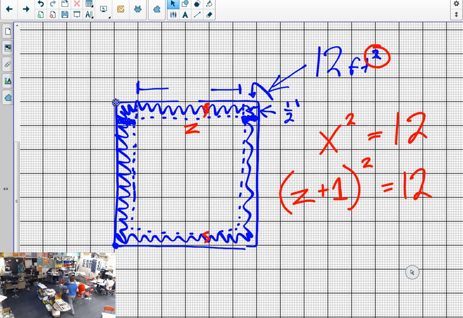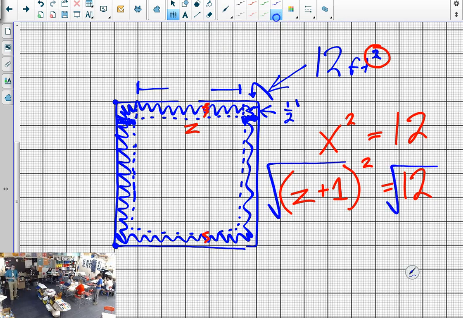Subtract 1. So I think most of us are reasoning through. We want to take the radical of both sides. We then will get z plus 1 equals approximately 3.46. But not that this matters in this situation.